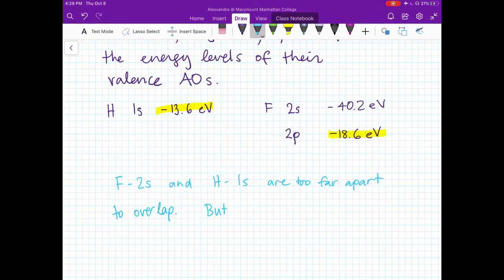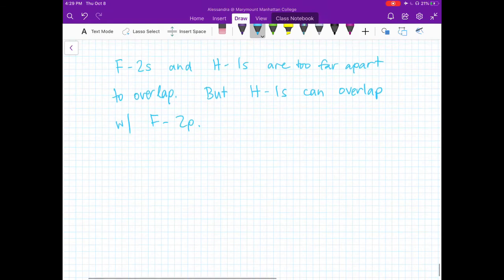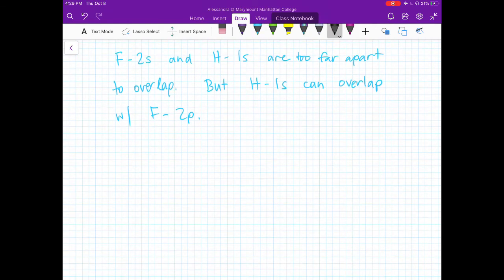But the hydrogen 1s can potentially overlap with fluorine 2p because those two are fairly similar in energy, only about 5 electron volts apart. How could they possibly do that? Well, if you draw several things, there's really only one way that you could have productive overlap between hydrogen 1s and fluorine 2p.